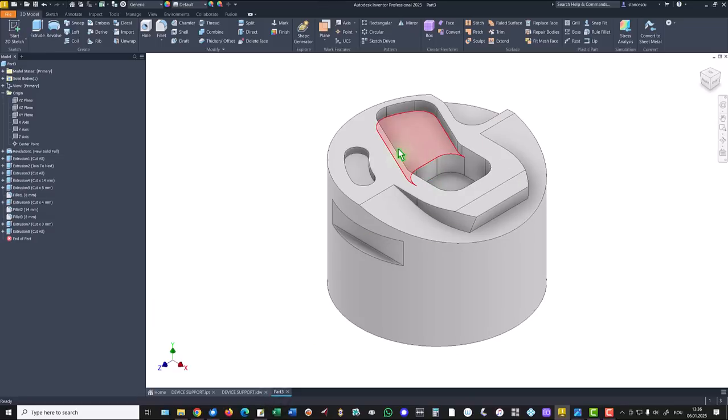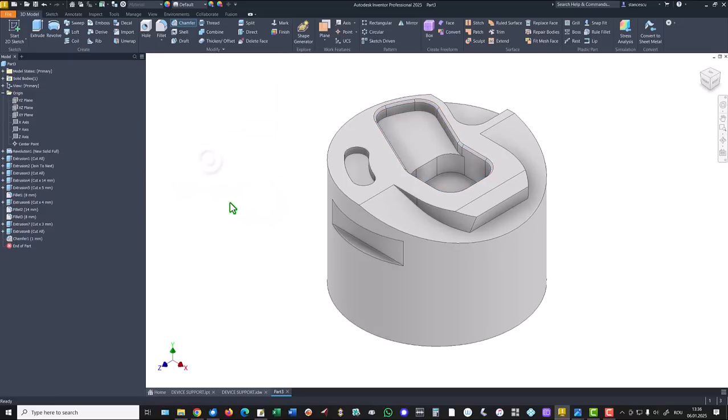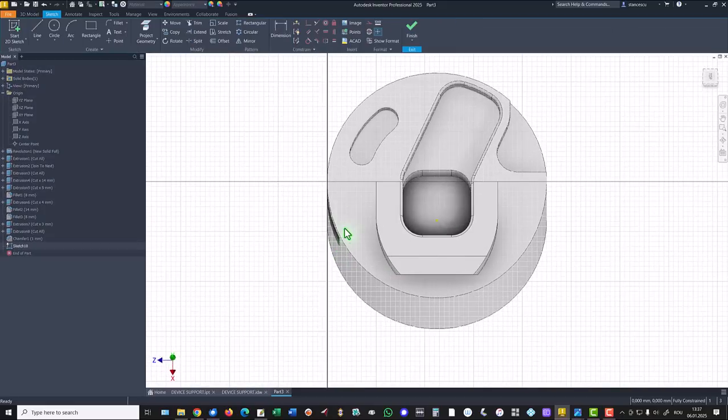I just start with this chamfer of 1 millimeter, to not forget. It happens. Then I use this face, sloped face, to draw a line of 12.